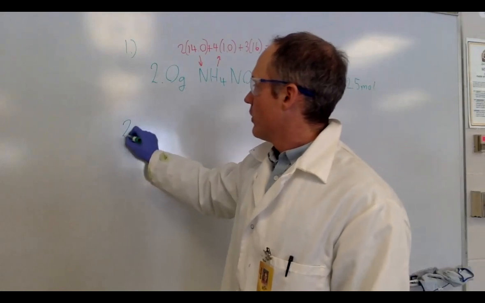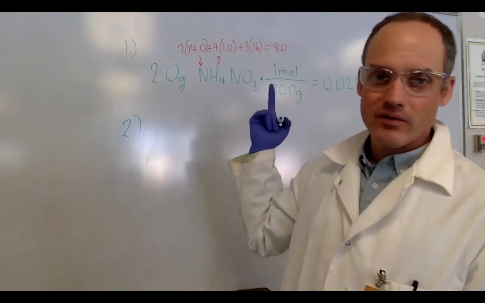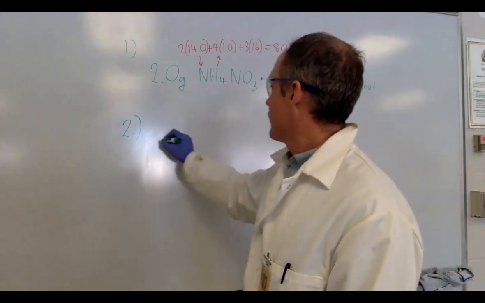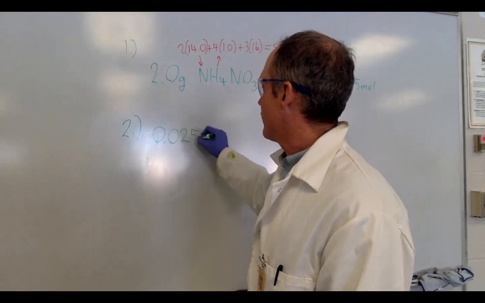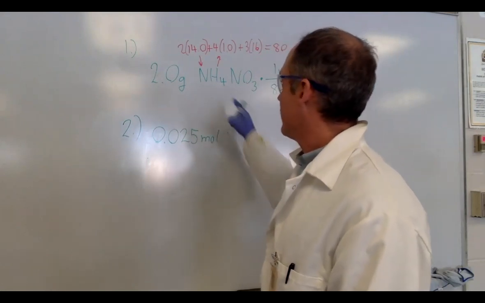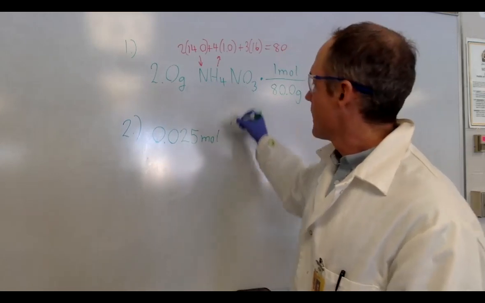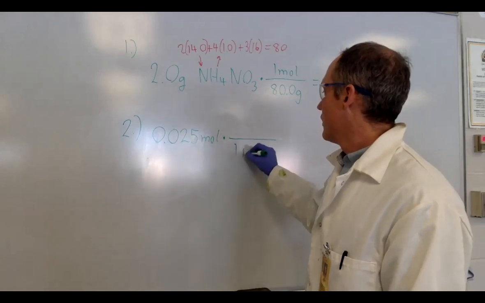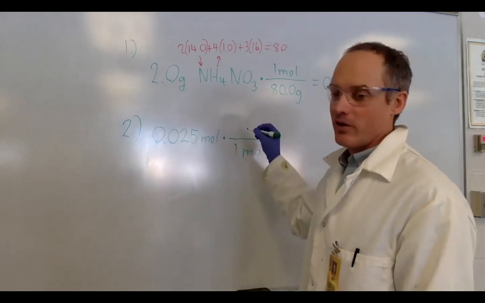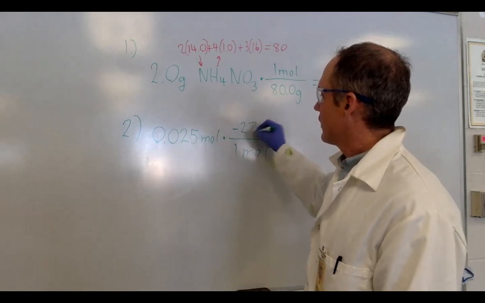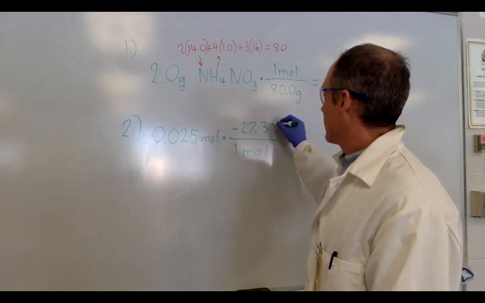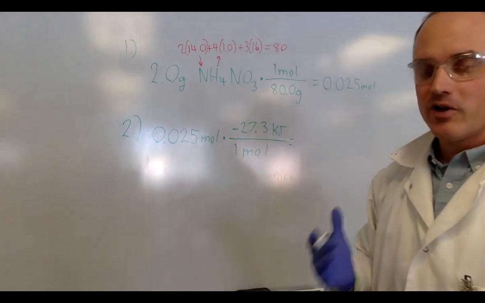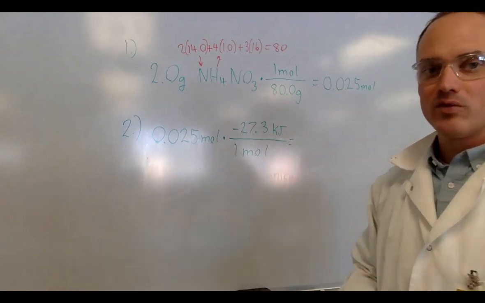In number 2, we're supposed to use that result and multiply it by the kilojoules per mole. So knowing that we have 0.025 moles of the NH4NO3 and 1 mole of NH4NO3 puts out negative 27.3 kilojoules of energy, we can figure out how much energy less than a mole would put out.